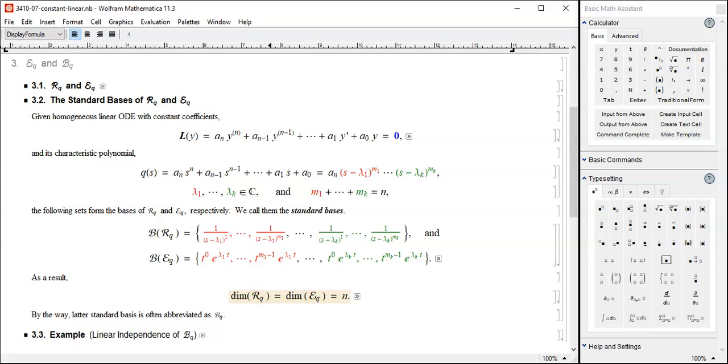So, if you end up with any n linearly independent solutions of the original, then those n functions will have to form the basis. It may be a different basis than this one, but that's okay. It's a basis too. That's coming from the dimension analysis.